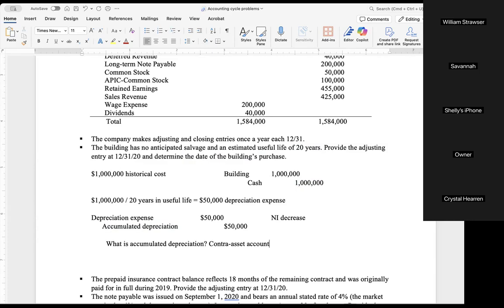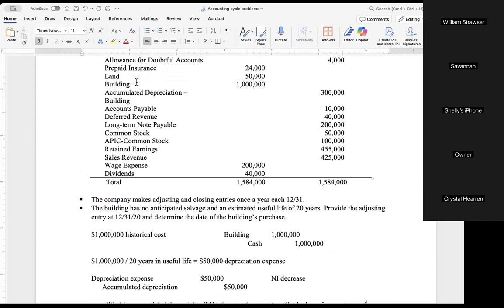And all that a contra asset means, it's not anything terribly special, but it means that it's attached to a primary account, one that gives it some meaning. In this case, it's the building account that gives it meaning.